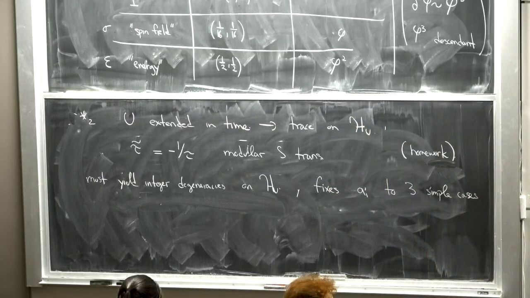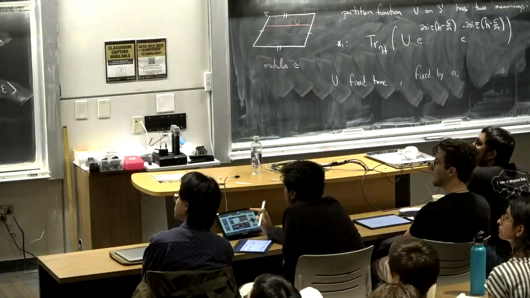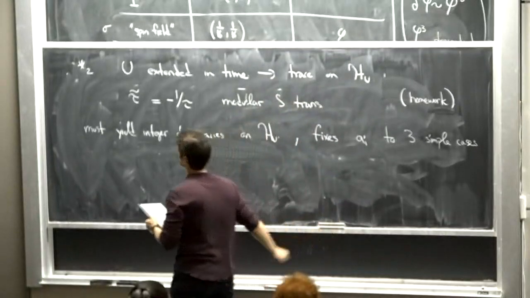Yes, question? The operator is now extended in time, so should we still insert it in the trace, or what's the quantity we're computing? The question is, what are we computing?